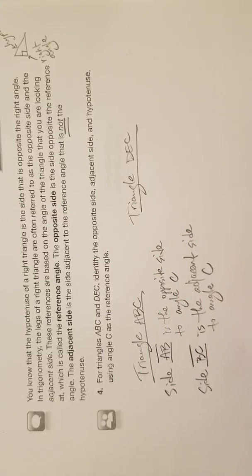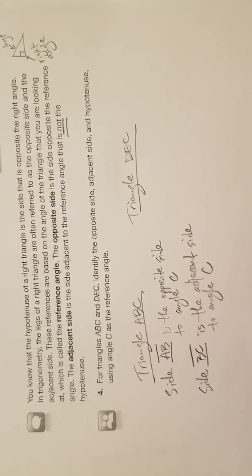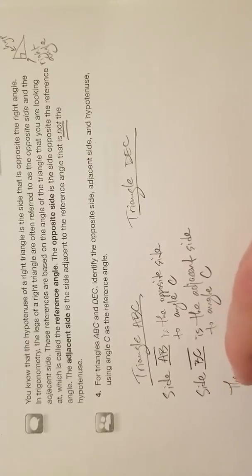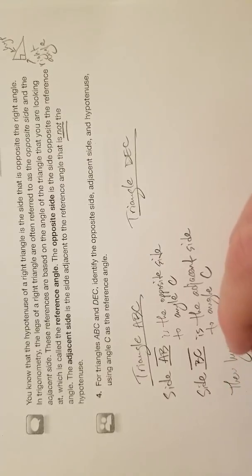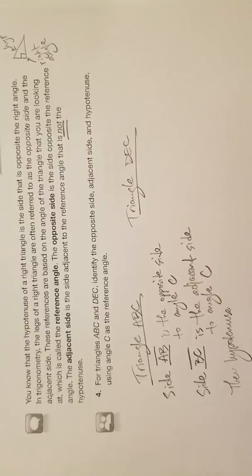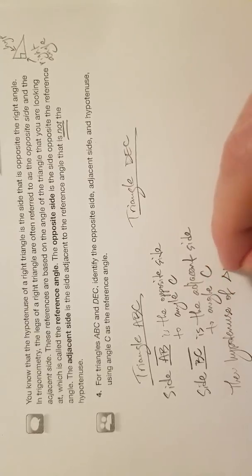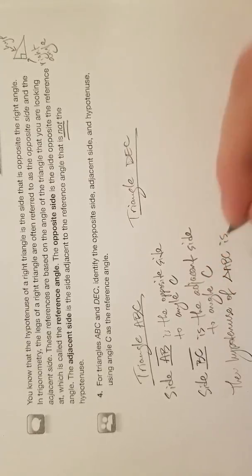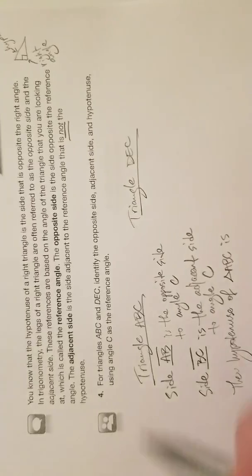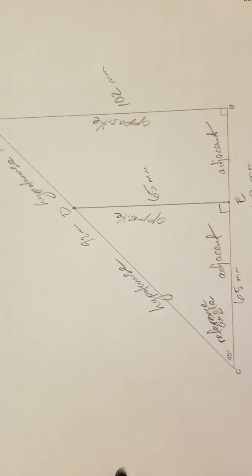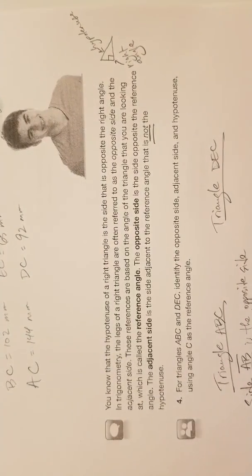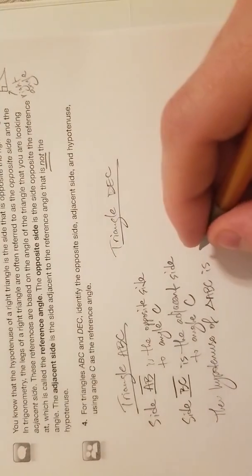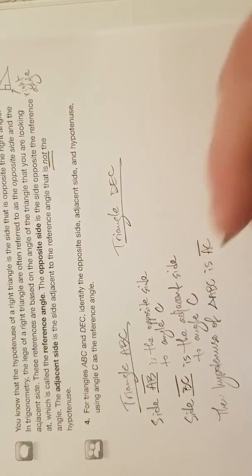And then the last one, which one is the hypotenuse of triangle ABC? Let's take a look. The hypotenuse is going to be AC. The hypotenuse of triangle ABC is AC.